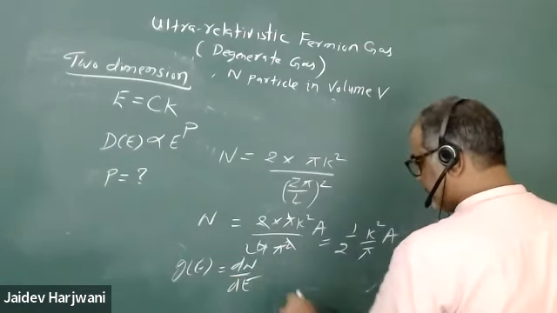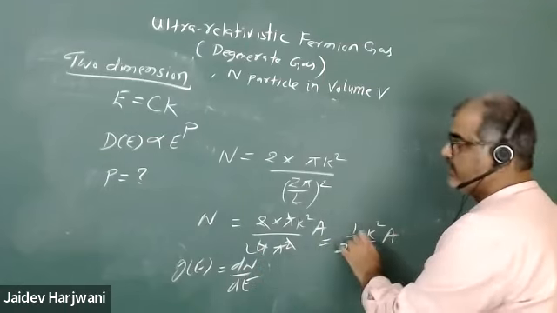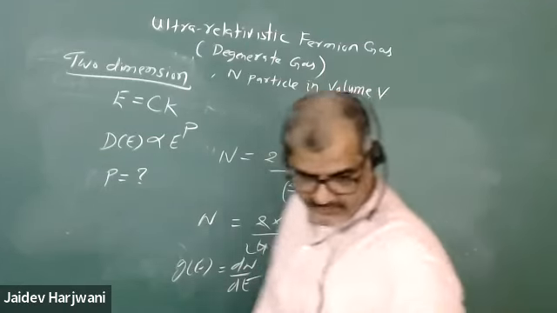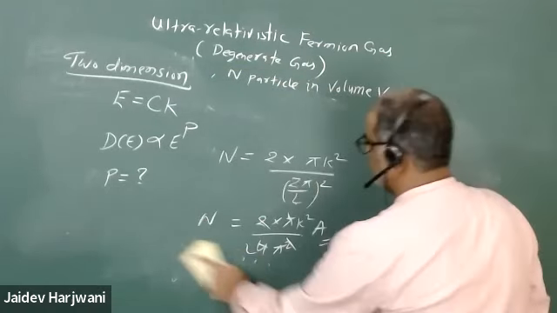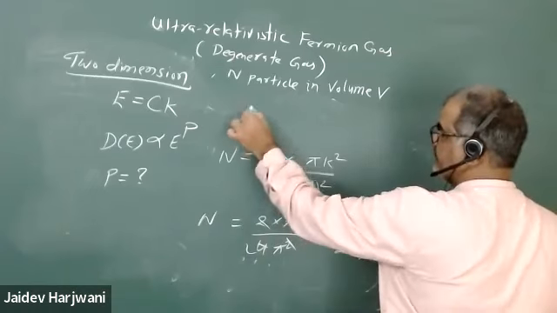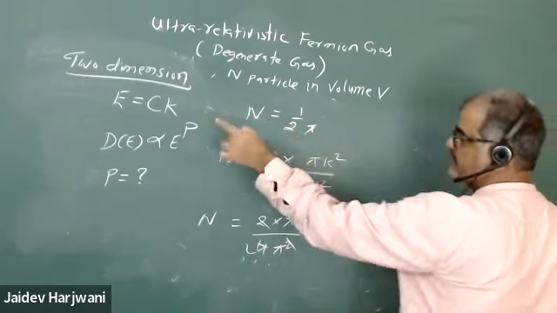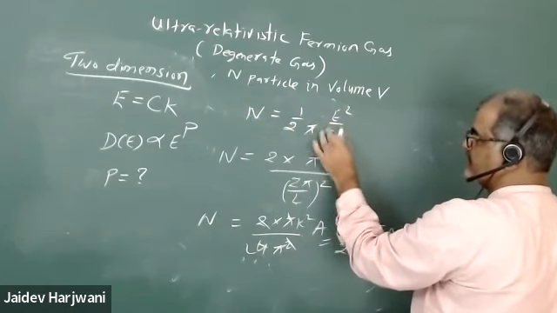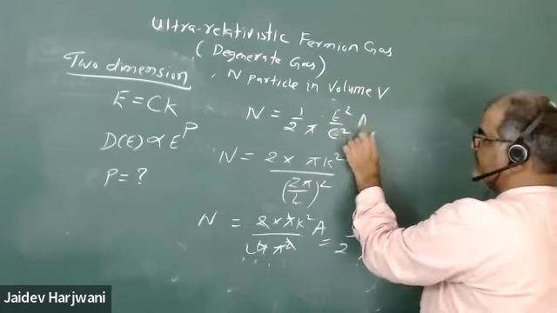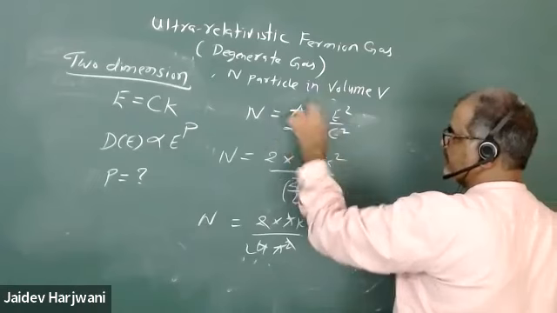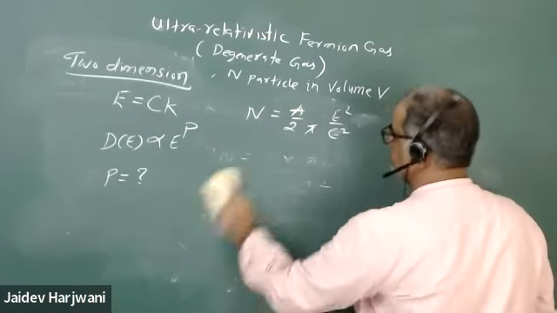Before I differentiate, I need to bring this in terms of energy. So let me write n as 1 by 2 pi k square, which is now E square upon c square, and a is constant. These all are constants.